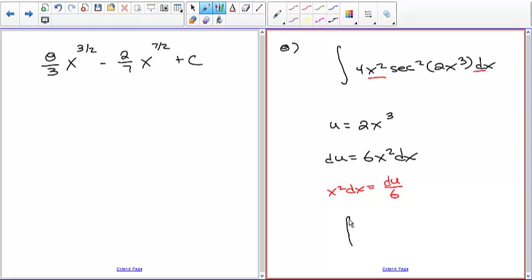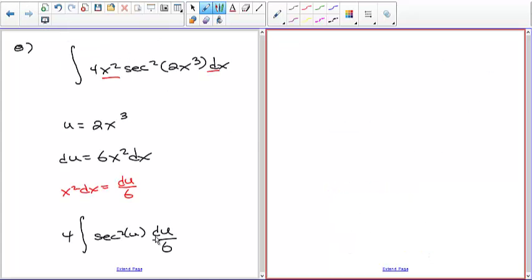Okay, so now we can do the substitution. Bring the 4 out. This becomes secant squared of u, and x squared dx becomes du divided by 6. I guess in this case I don't need the parentheses. If I put it in there, that's fine, but I don't need it because it's a multiplication, so that's not in question.